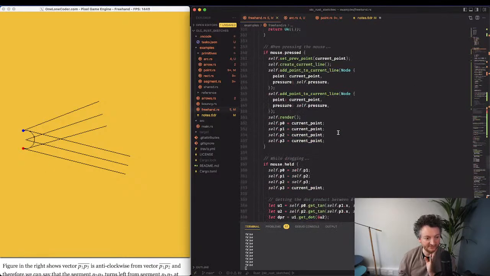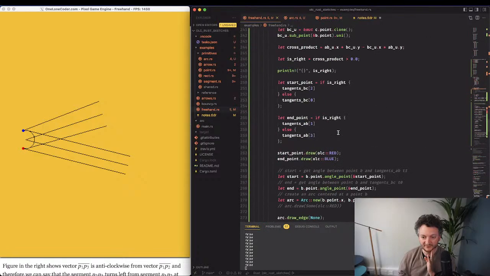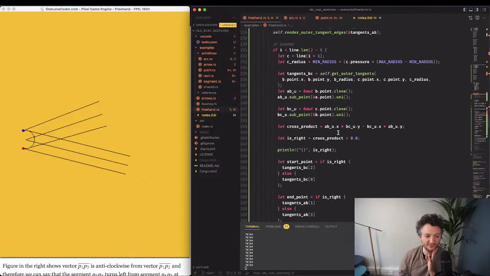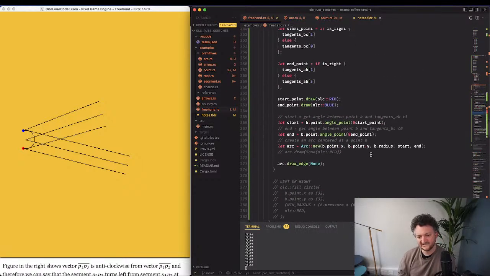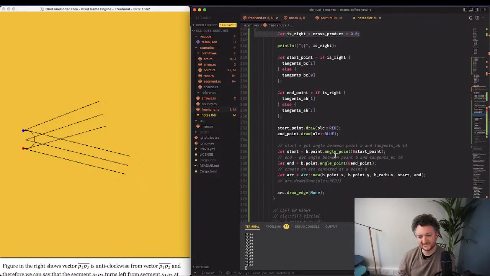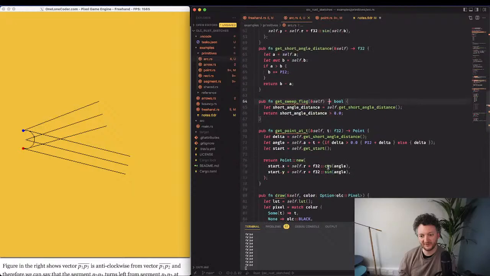Because if it's a left-hand turn, we would want the sweep to be, oh, maybe I'm just doing the sweep wrong. That is entirely possible. It's just the wrong sweep when I'm getting the sweep flag here.